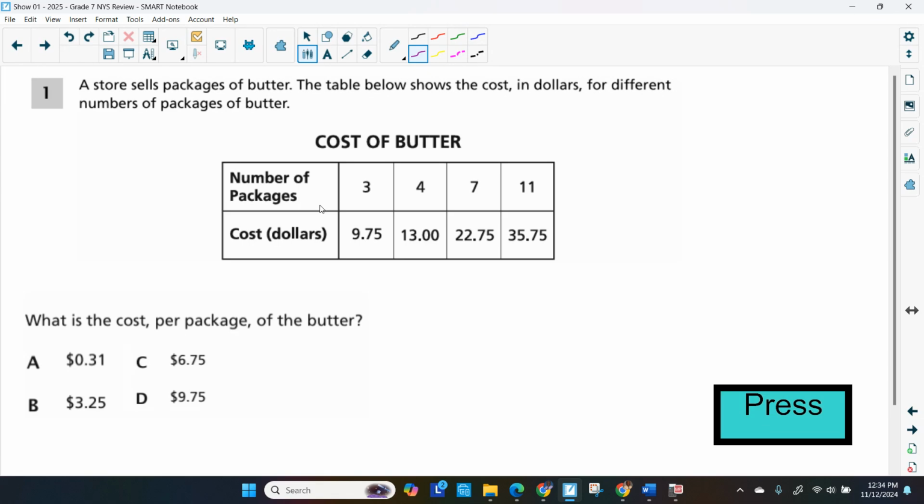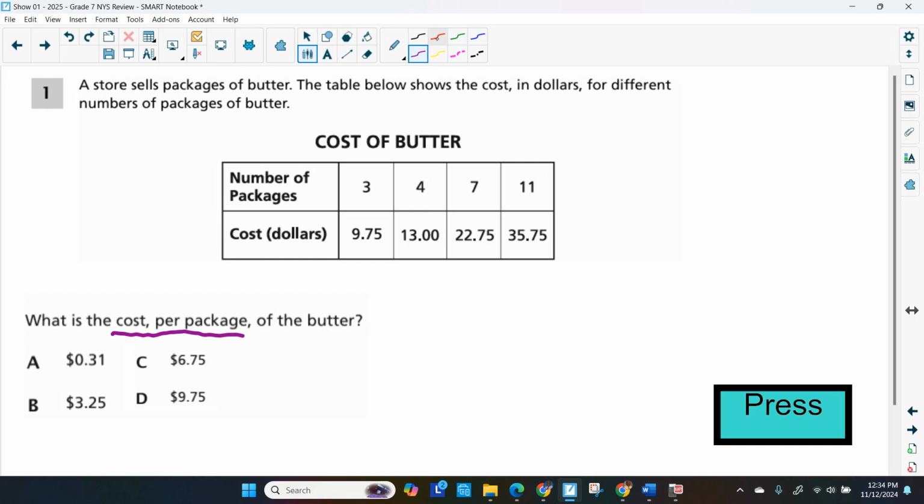So we have packages on the top row, and on the bottom row the cost in dollars. We want to know what is the cost per package of butter. So they want to know, what does one pack cost?